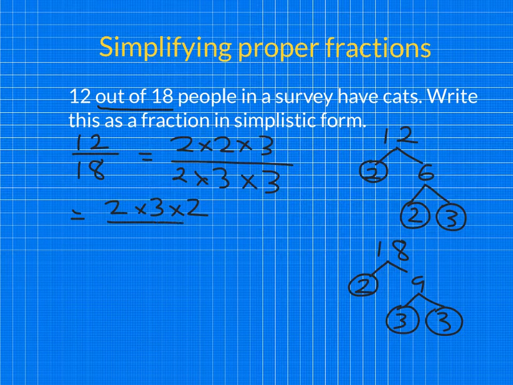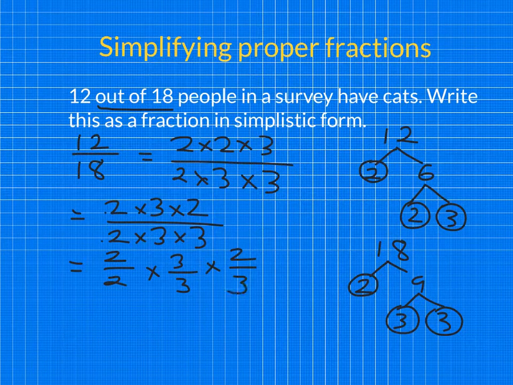And if we rewrite 2 times 3 times 3, what we can see is that there's a 2 over a 2 here. That can then be split up: 2 divided by 2, times 3 divided by 3, times 2 divided by 3. So when we have something written as a complete fraction, we can separate it up into smaller parts.